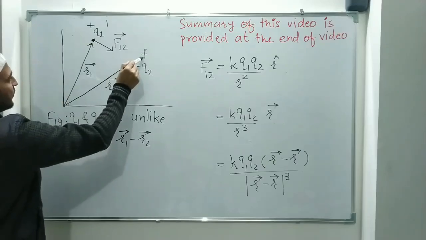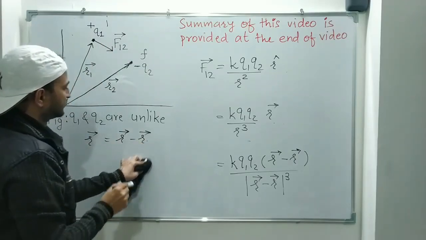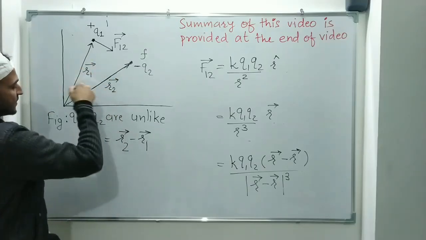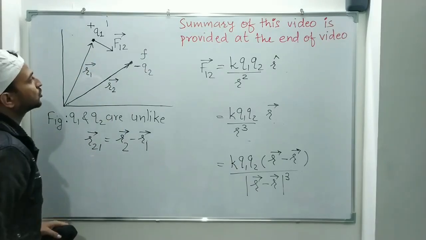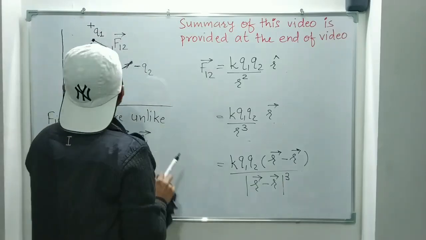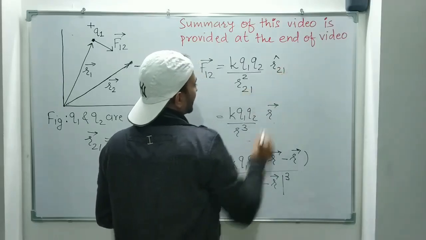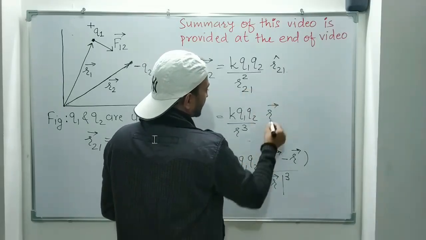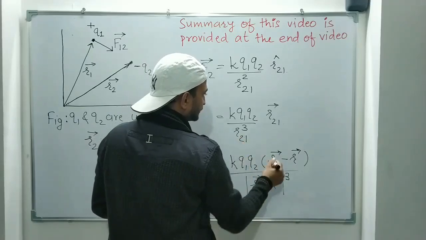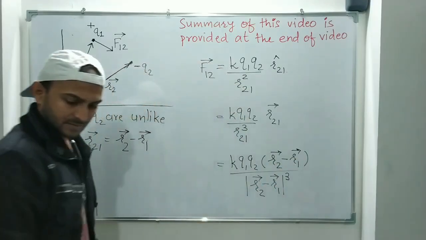So final minus initial will be Q2 minus Q1. That will be R21. So F12 is the R21 vector, unit vector, R21 cube, R2 minus R1.